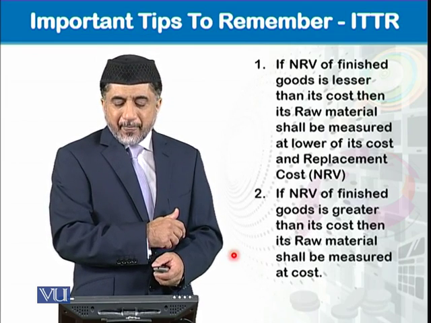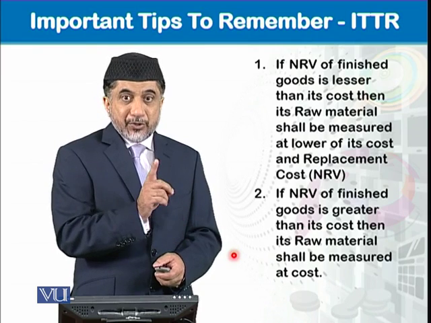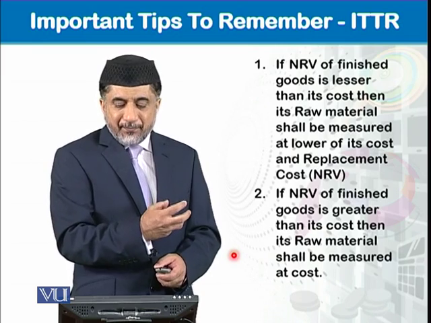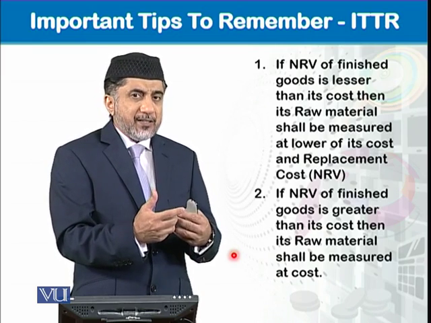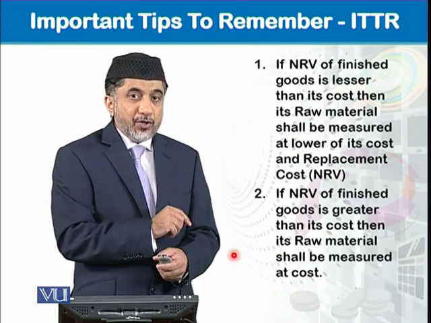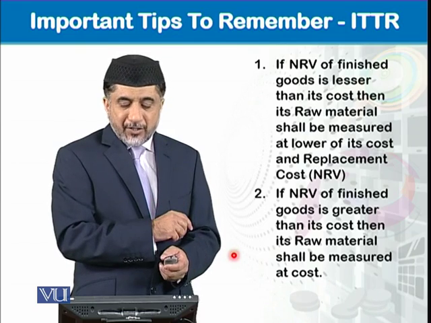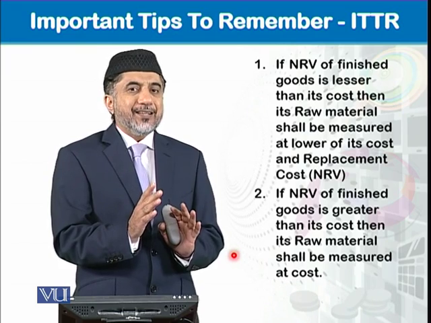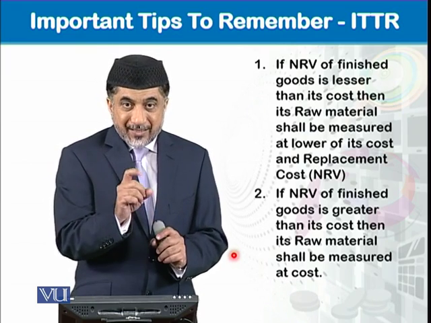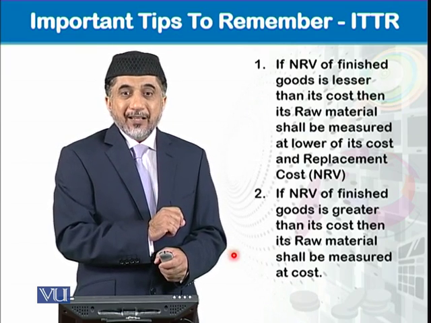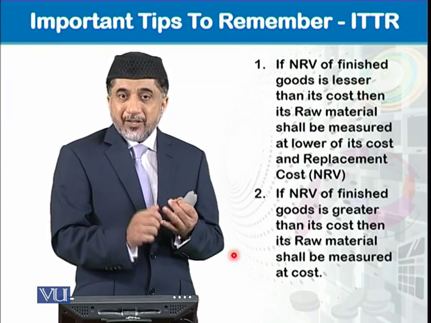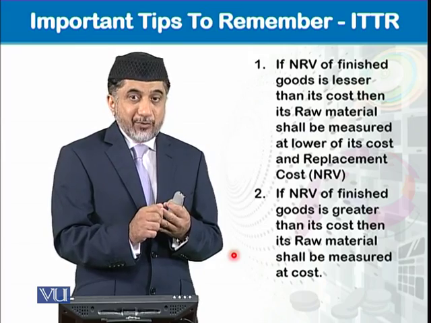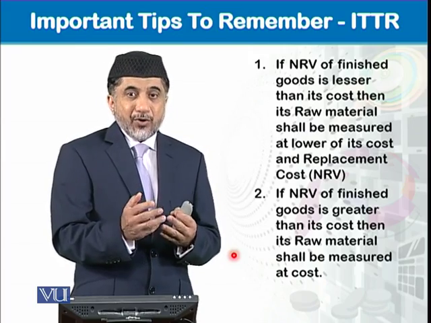And where the NRV of finished goods is greater than its cost, then the raw material which was used for producing that finished goods shall be measured at cost. So this was all about the measurement of inventory, either finished goods inventory, work in process inventory or raw material inventory, at lower of cost or NRV.